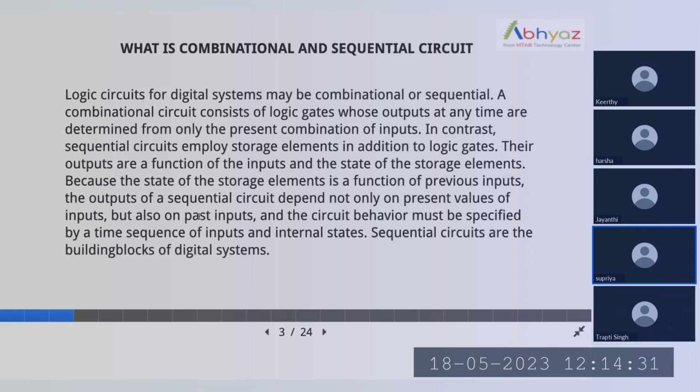The state of a storage element is a function of the previous inputs, so the output of the sequential circuit depends on both the present and the past inputs, that is, on the time sequence of the inputs as well as the internal states.